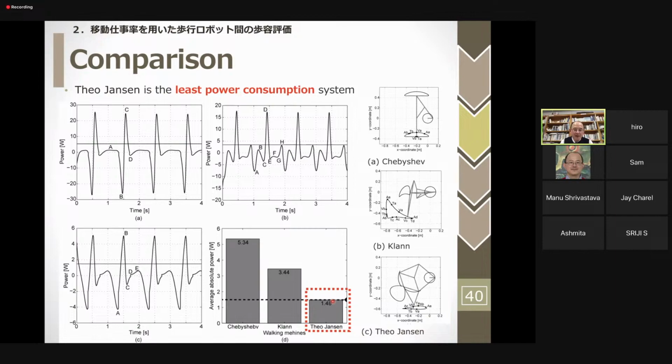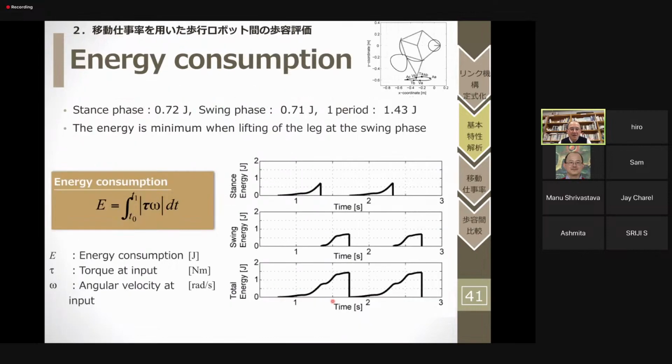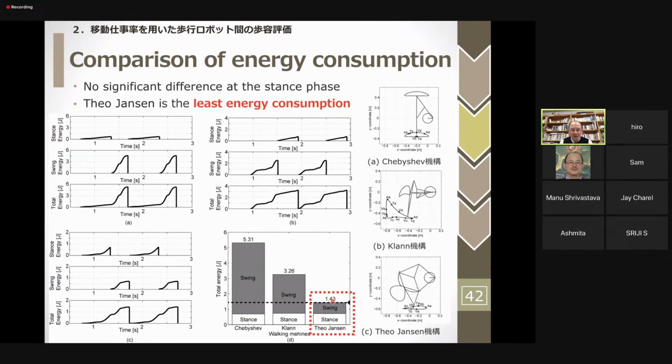That is why the Theo Jansen mechanism works only by wind power. Energy consumption can be analyzed in this way in the duty factor. And then the comparison of energy consumption is described here.